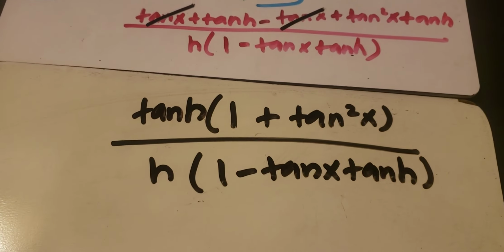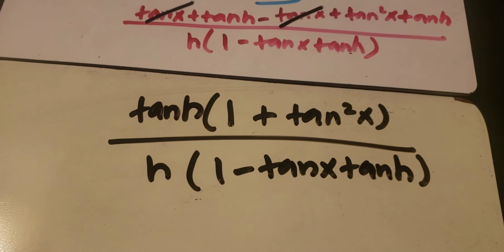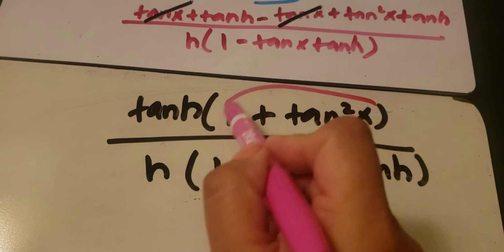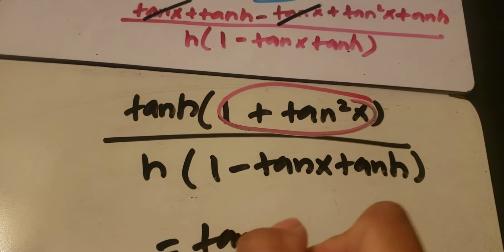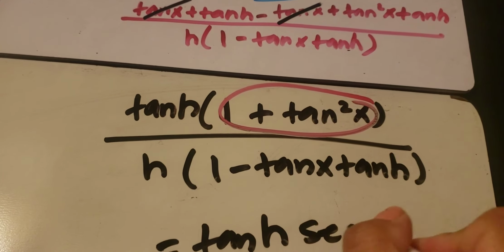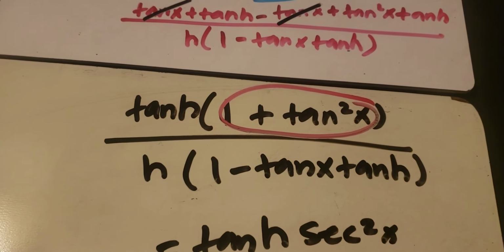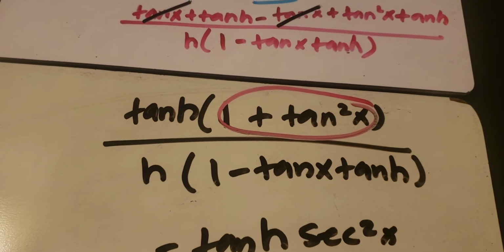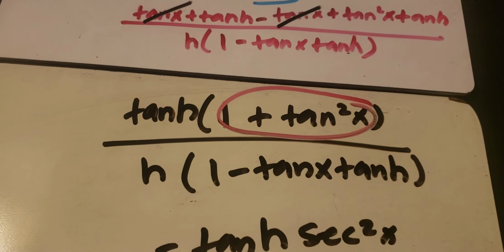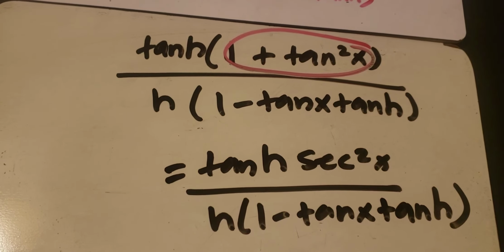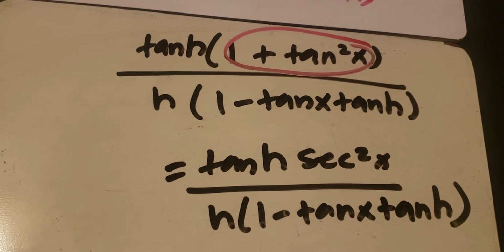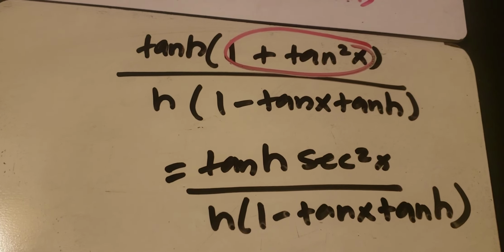Because that's a trig identity, one of the Pythagorean identities: 1 plus tangent squared of x is secant squared of x. So we now have tangent of h times secant squared of x all over h times 1 minus tangent of x times tangent of h. We made the left-hand side equal the right-hand side, and that is it. We simplified it and verified that it's the same.